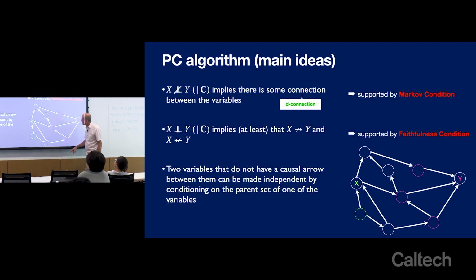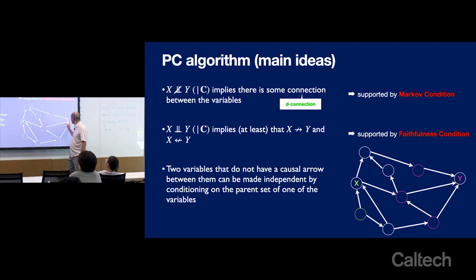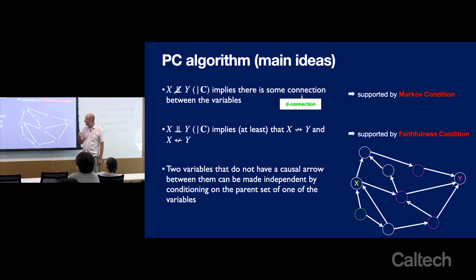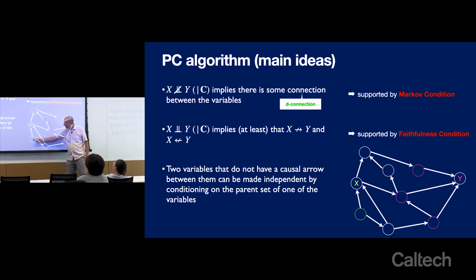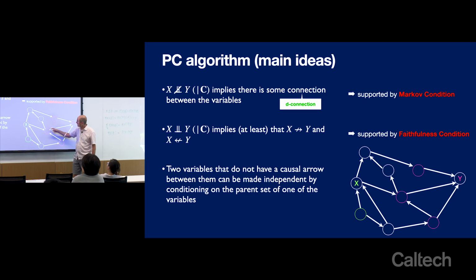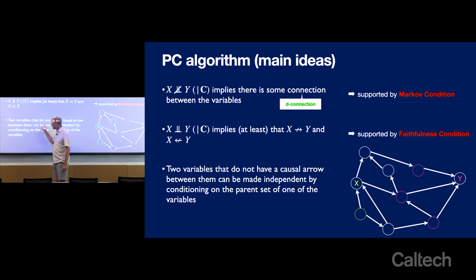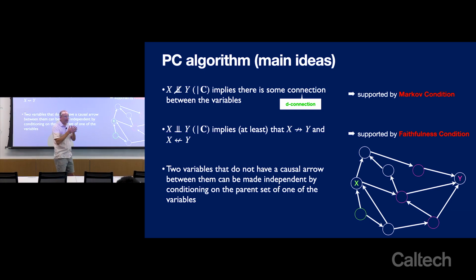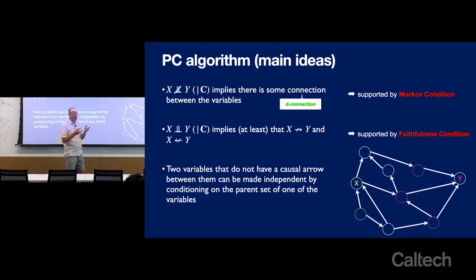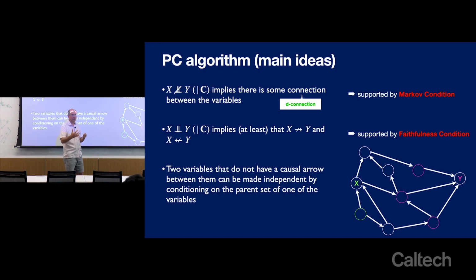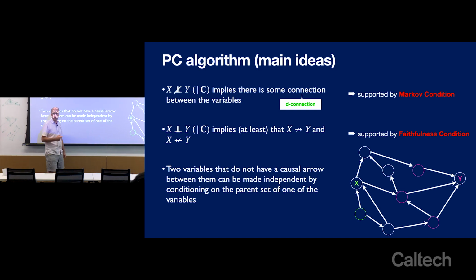And so the thought is that I can show that x and y are probabilistically independent either if I condition on this parent or if I condition on this parent set here. And so it turns out in this specific case, x and y are independent if I condition on the magenta set. Okay? So this insight suggests that really what we need to find for any pair of variables, or for each variable, is their parent set. That's the crucial part that we need to find in order to construct the graph.